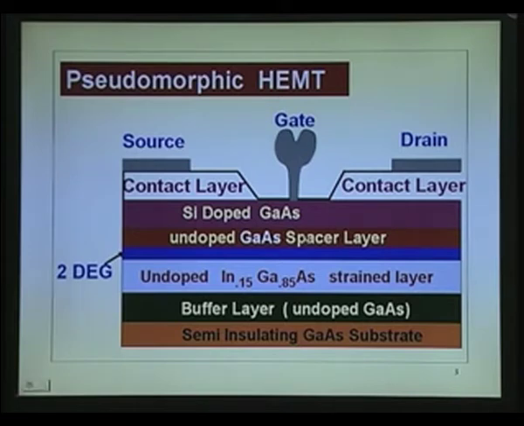The advantage of changing to aluminum gallium arsenide is you can get a higher band gap. You do not have to go all the way to 0.3, 0.4 aluminum content, because this band gap is smaller. You will get delta E c or delta E g much higher than between gallium arsenide and indium gallium arsenide by changing to aluminum gallium arsenide.